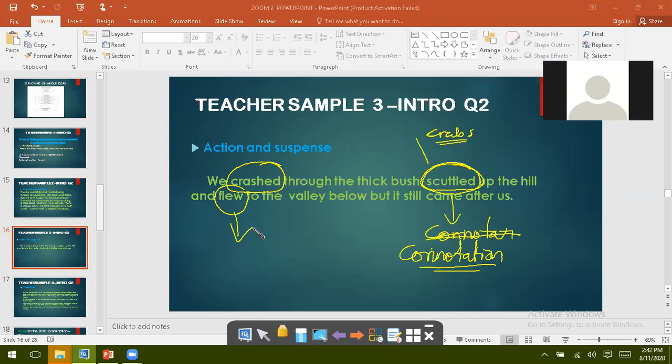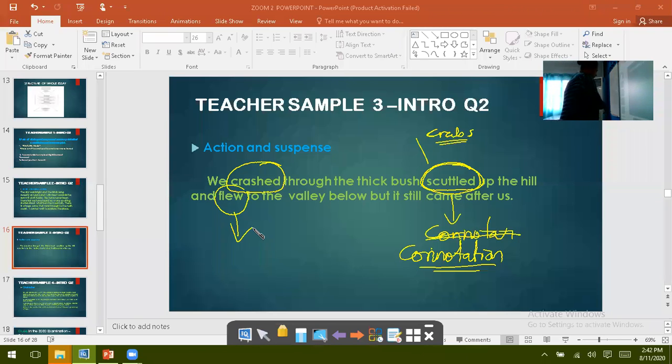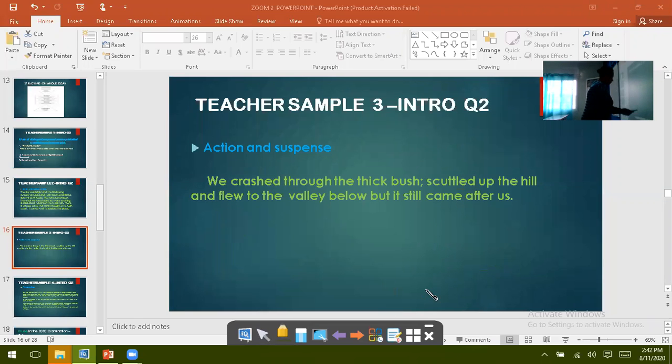So the idea of action is the use of appropriate verbs that can show what is actually happening. So you can create an introduction with the use of action verbs, action words, right at the start. See any more?